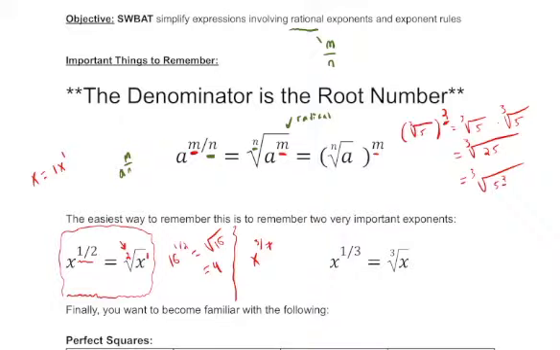So the one you also want to memorize is that to the 1/3 power means a cube root, because then you can back into it: okay, the 3 is in the denominator, that goes there. So in this case, the 7 is the denominator, that would have to be the root number. This is the square root of, I did it, I said square root. This is the 7th root of x cubed.